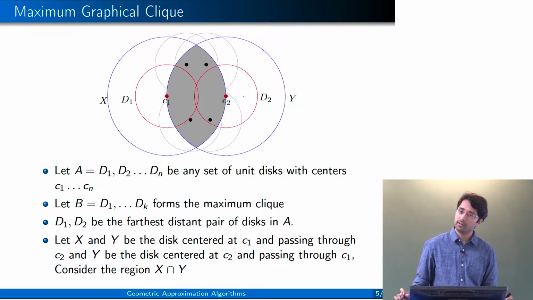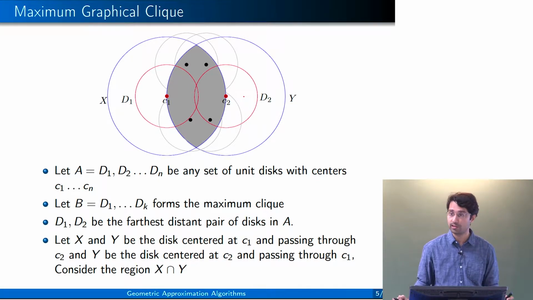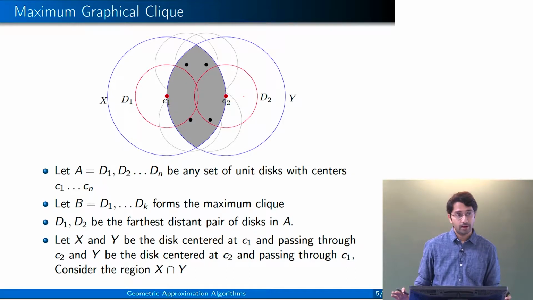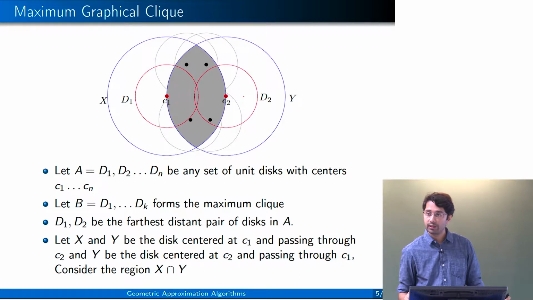The point is, I draw a disk centered at C1, where C1 is the center of D1, and passing through C2, where C2 is the center of D2. Similarly, I draw a disk centered at C2 and passing through C1, and take the intersection of these two disks. Can I say that all the centers which form the maximum clique have to lie in this intersection?